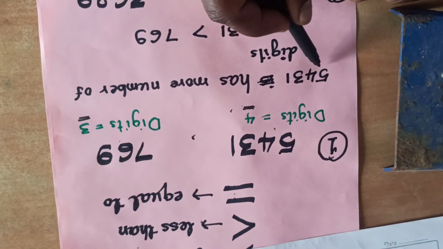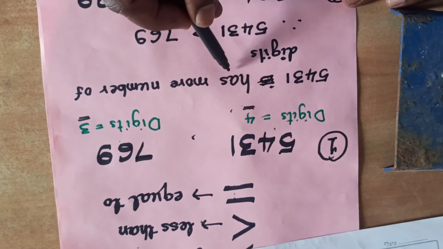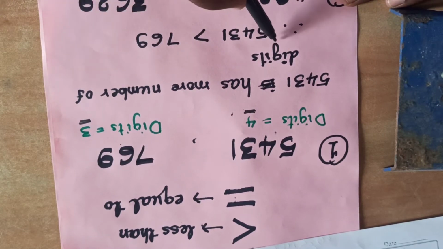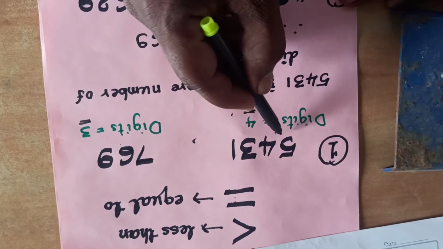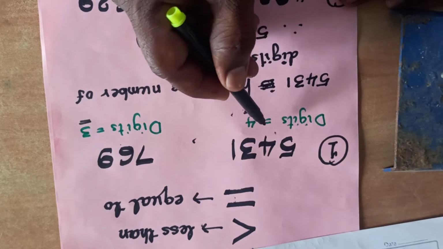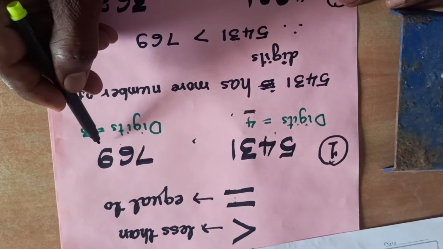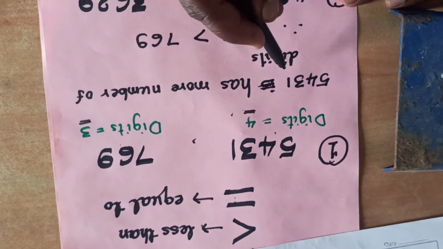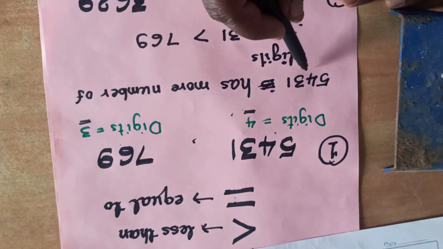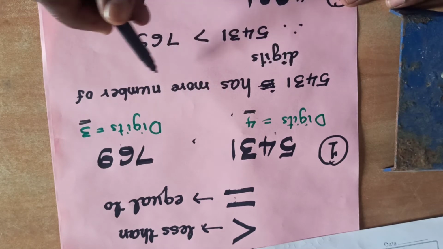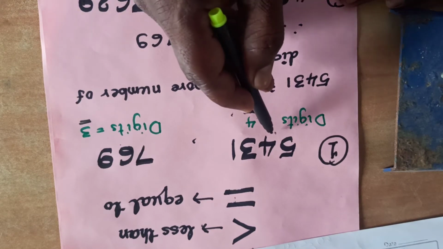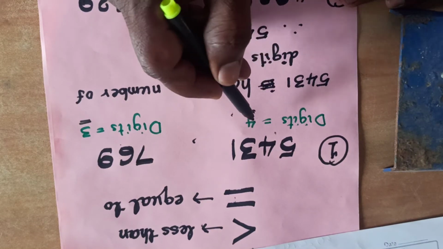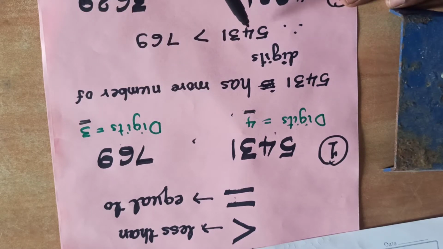So which number has more digits? 5431 has more digits. Therefore, 5431 is greater than 769.